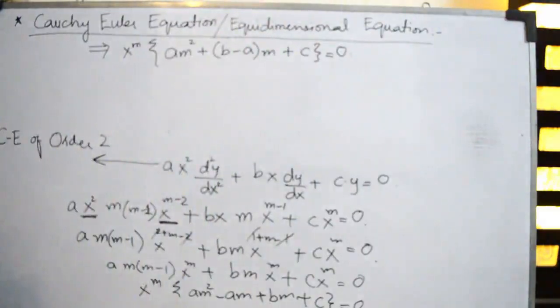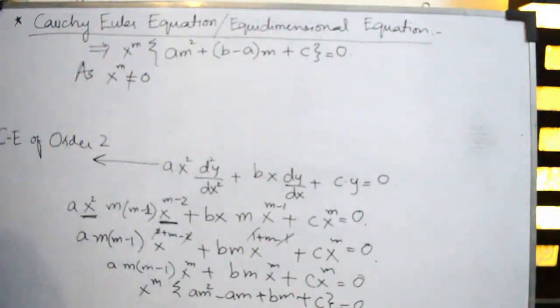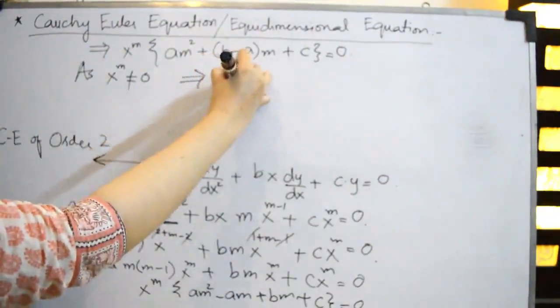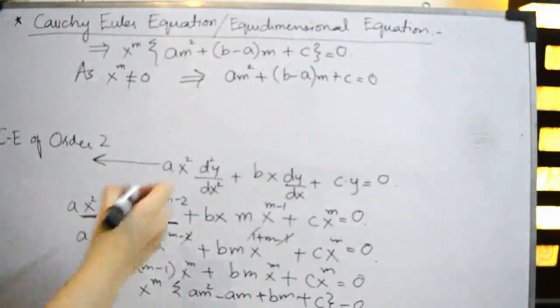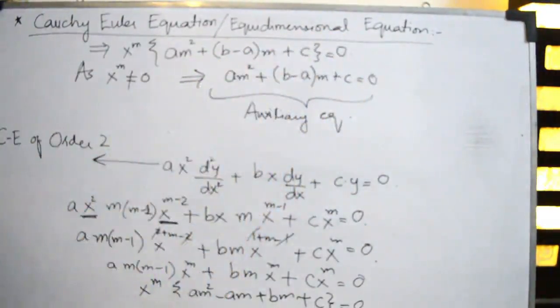As we know, whether m is 0, an integer, a rational or an irrational number, x^m can never be 0. So the other factor must be 0. This is the auxiliary equation of the second order Cauchy Euler equation.